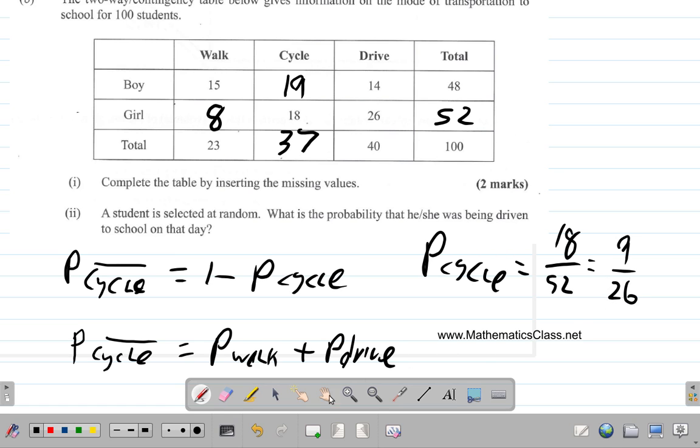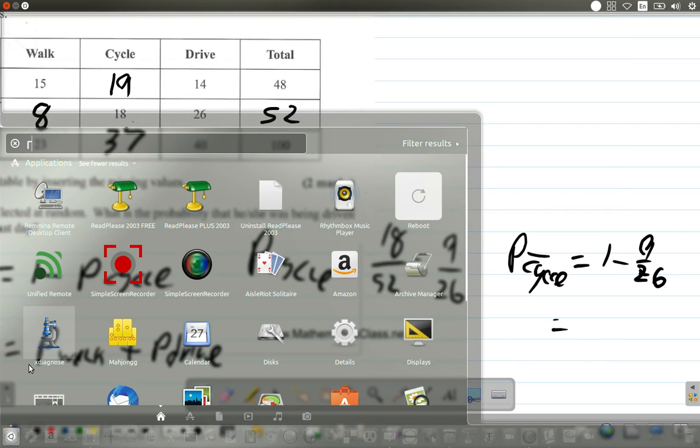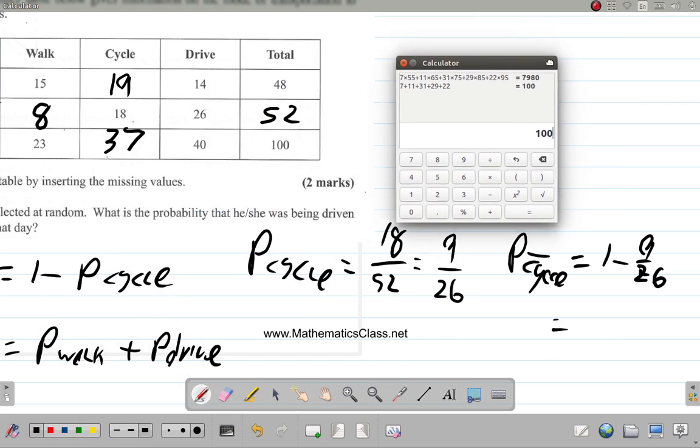So, the probability that she did not cycle would have been 1 minus 9 over 26 equals. Alright, it's my calculator, so I can't really do fractions, I want a fraction calculator, that would have been good.